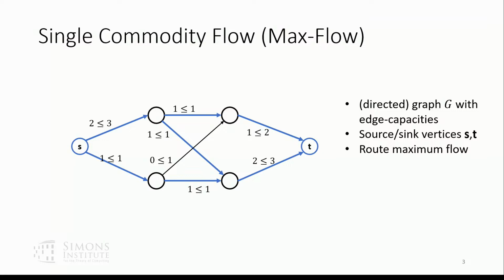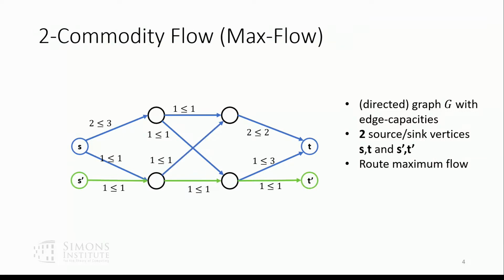And we're also going to look at something called multi-commodity flow. Let's say here we have two commodities, so this is a two-commodity flow instance. The difference is that now instead of routing one flow, we're trying to route two or more flows at the same time. So we have multiple source and sink pairs.